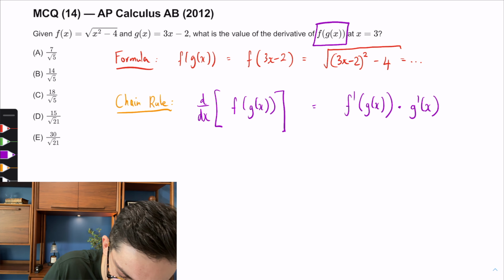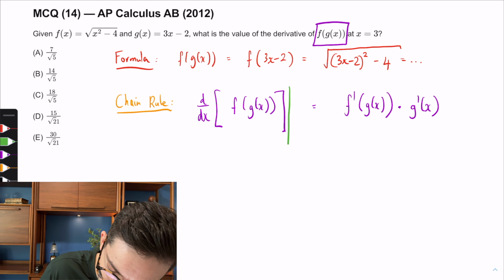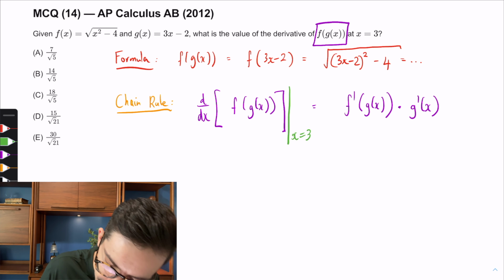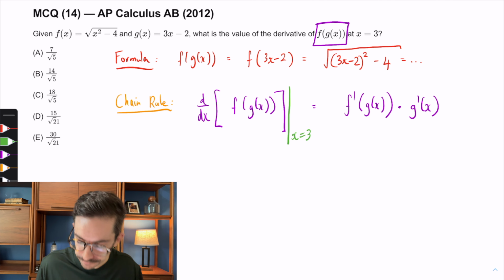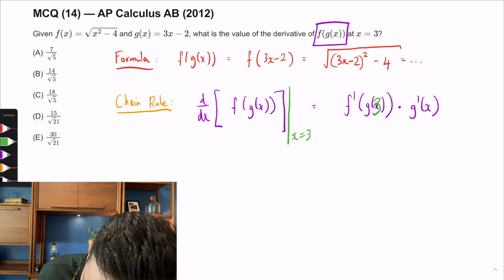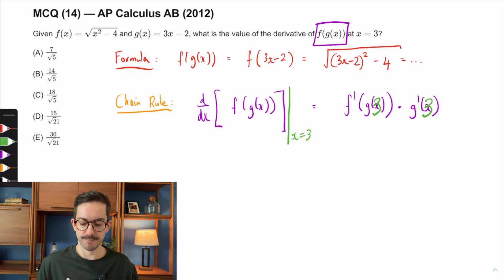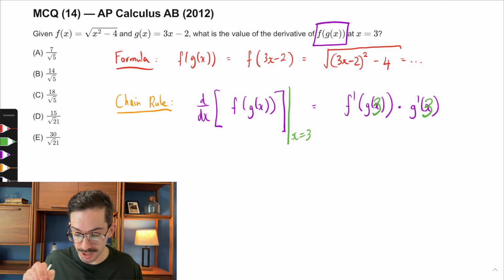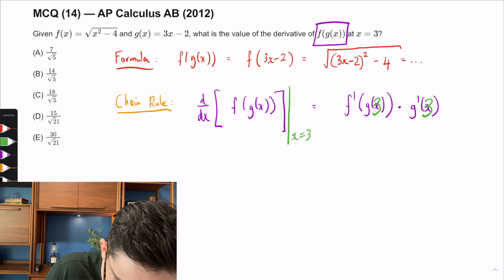So in this problem, we want to know what happens when we evaluate this at x equals 3. So instead of x's, I'll just put 3's. And now I need to work out the pieces that will let me substitute in to get the answer here. So let's take them one at a time.